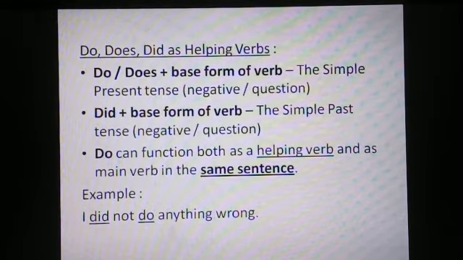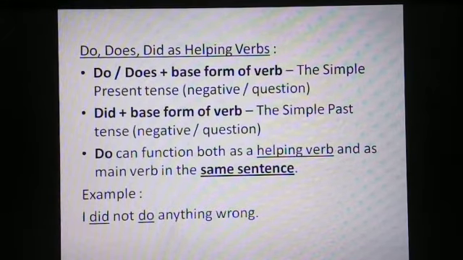I did. Did is the helping verb, making the sentence negative. Do is the main verb. First form of verb, it is used here as main verb. So we can see that there are two forms of do in the same sentence. I did not do anything wrong.